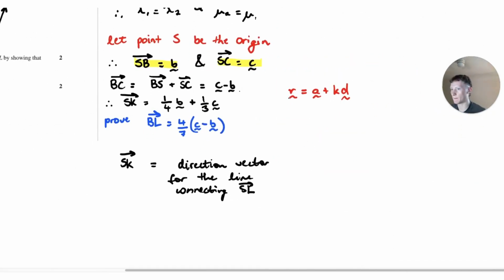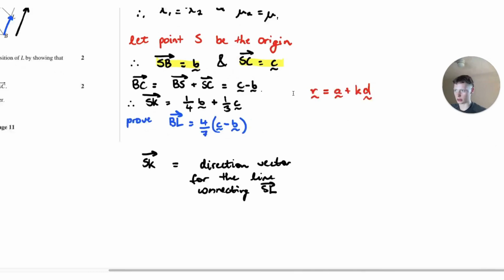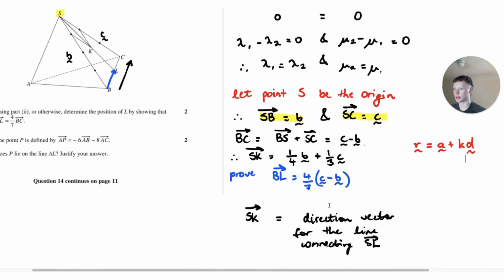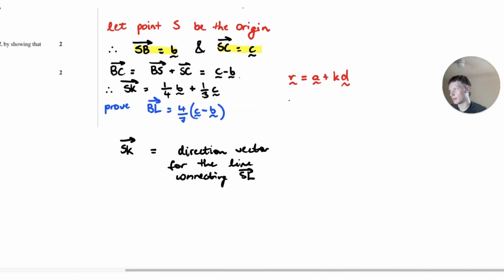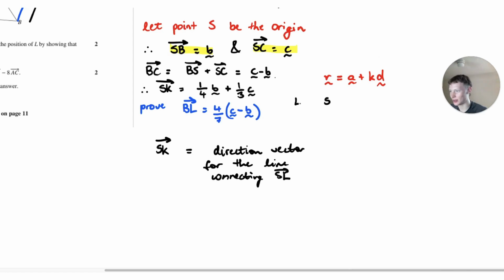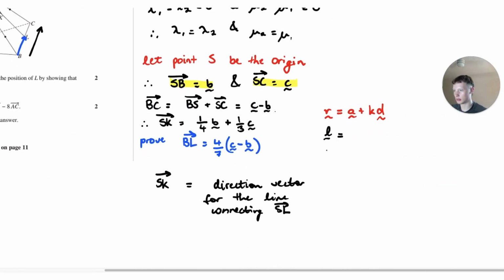So I can rewrite this to say that the vector of a line here that has a direction of SK and starts at S, in other words, the direction of our vector from S to L, or in other words, simply just L, because S is our origin, is going to be our starting point, which is S, which we don't know, plus some scalar times our direction vector, which we know to be this. So quarter B plus a third C.